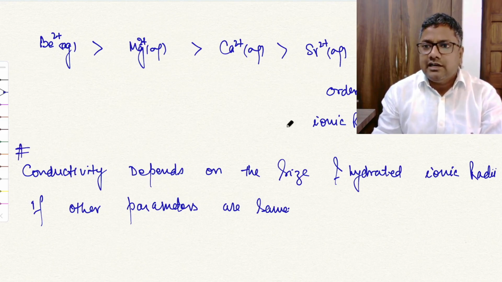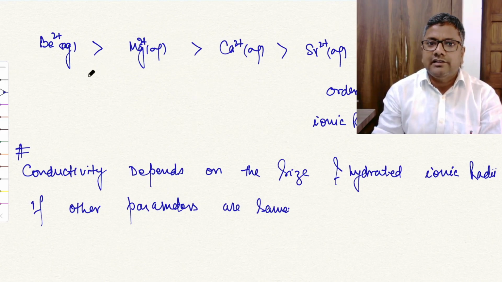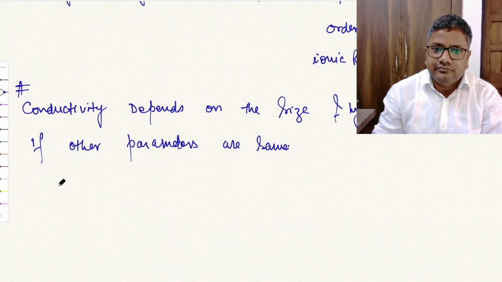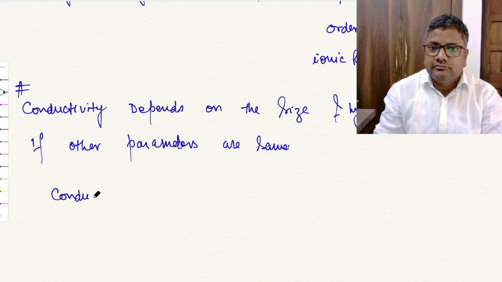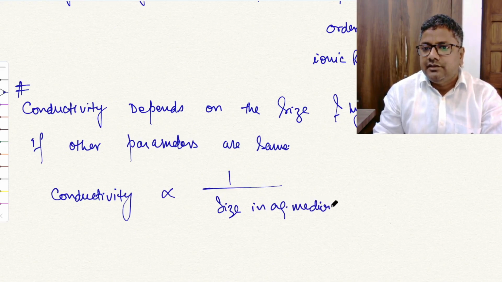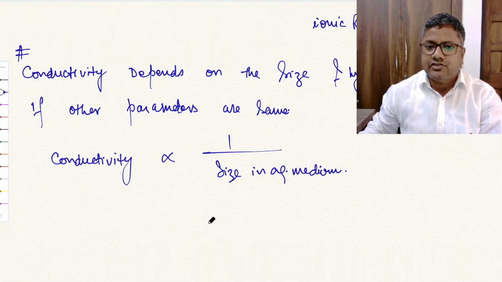The one with the highest molar conductance is the smallest in size, because conductivity is inversely proportional to the ionic size in aqueous medium, right?